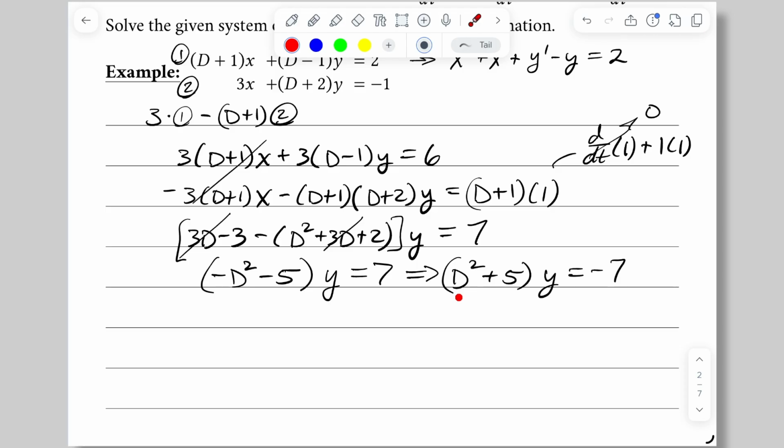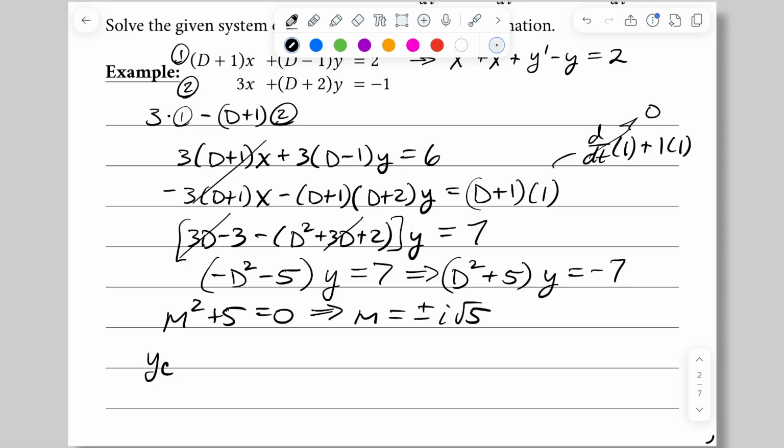Now, because this represents y'' + 5y, we can immediately read the auxiliary equation for the homogeneous equation in y. m² + 5 = 0 is going to give us that m is equal to plus or minus i times the square root of 5.